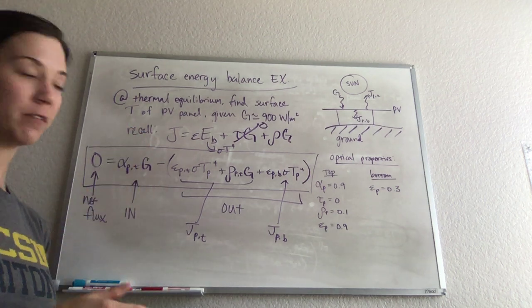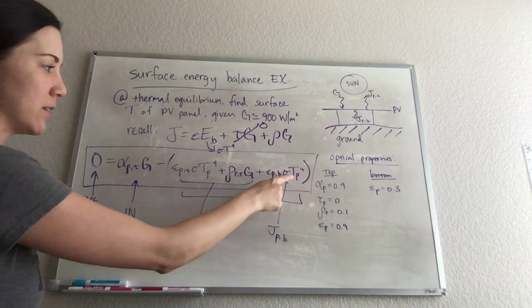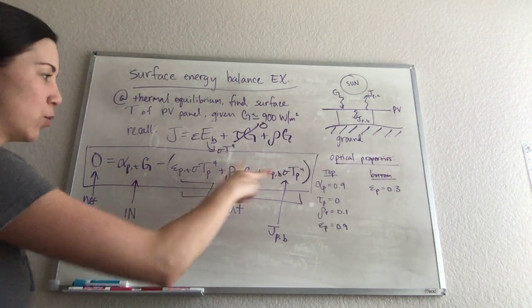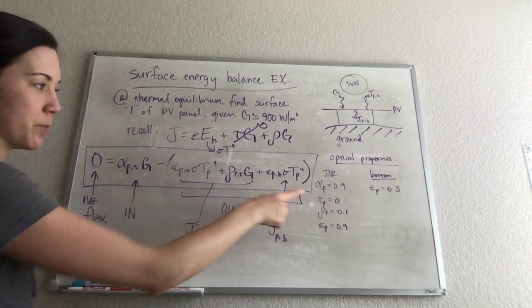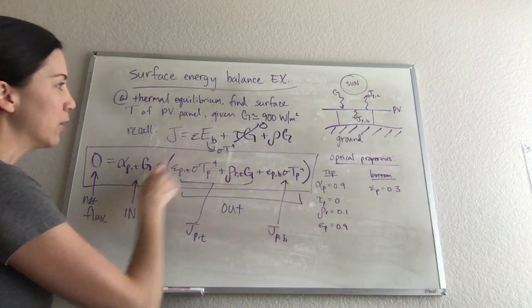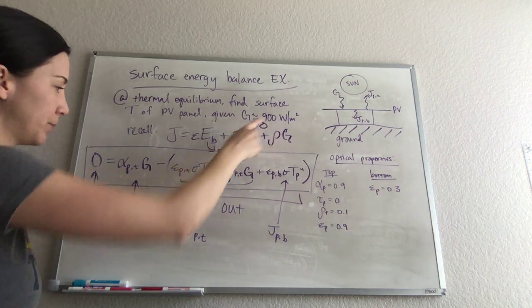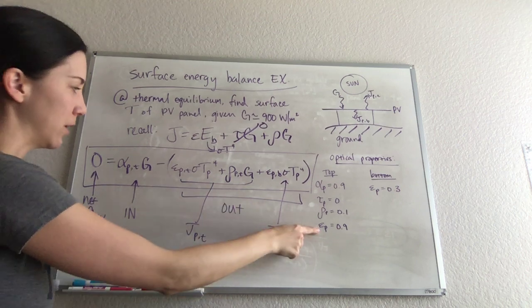The temperature of the PV panel, right? And we see that there is T panel to the 4th twice in this equation. So basically, I know the absorptivity of the panel on the top. I know G, because I was given that. I know the emissivity of the panel on the top.